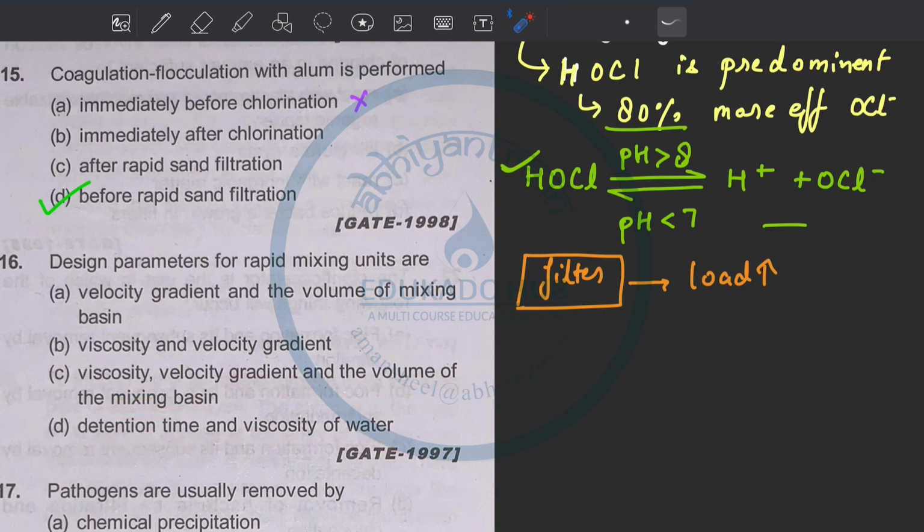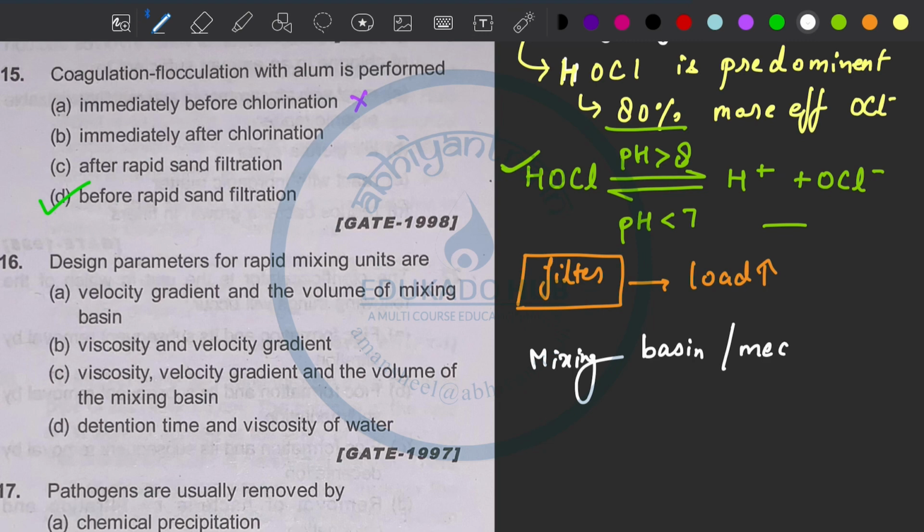So first of all, mixing is done in any mixing basin, or we can say mechanical mixer. Right, and a mechanical mixer is also known as a rapid mixing unit. This is nothing but a mechanical mixer or mixing basin or rapid mixing unit, everything is the same.